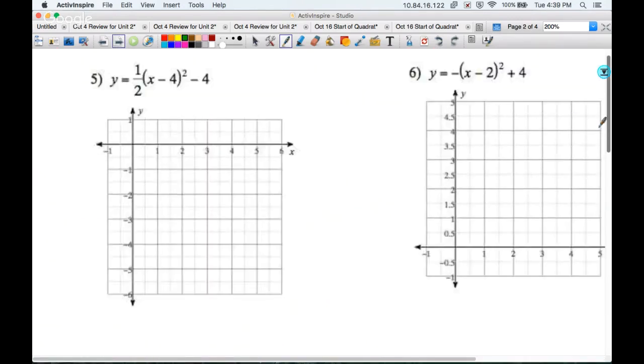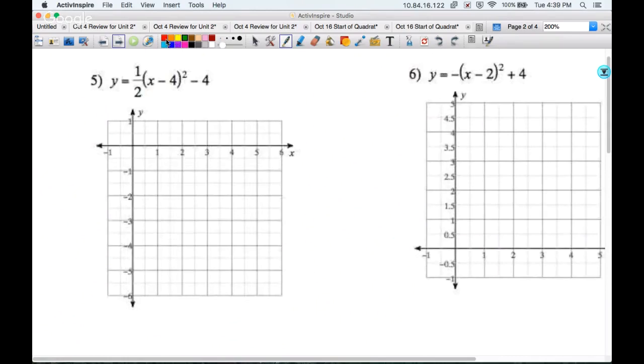Okay, a couple more. Vertex at 4, negative 4. Let's put that right there. 1, 4, and 9 when multiplied by my a value become 0.5, 2, and 4.5.